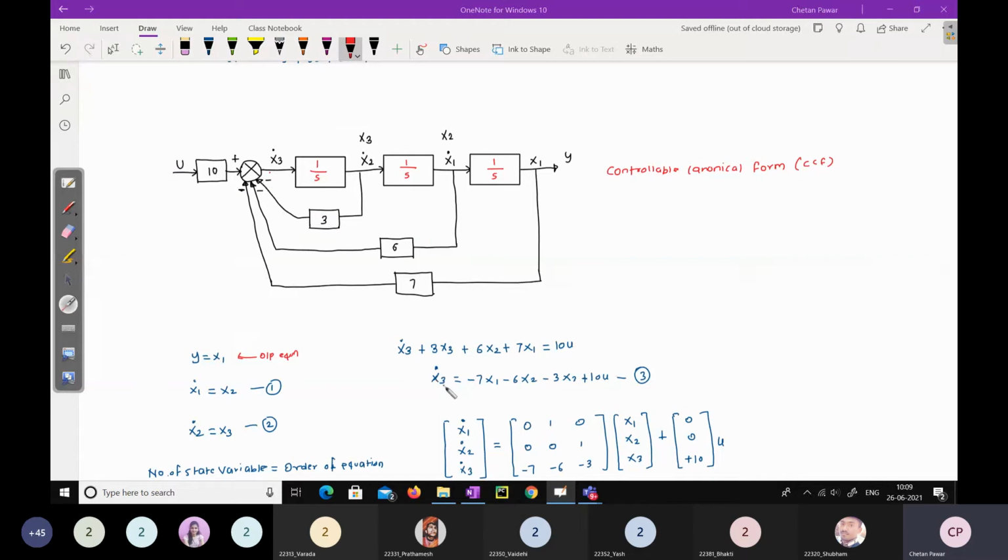So this is the third equation, which represents x3 bar.